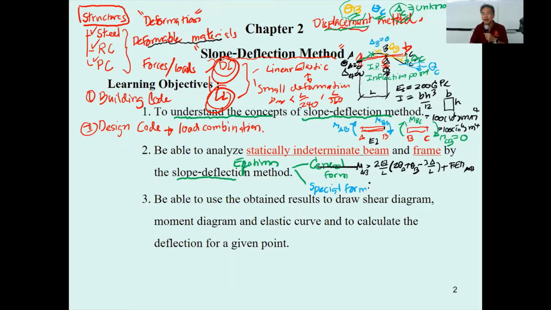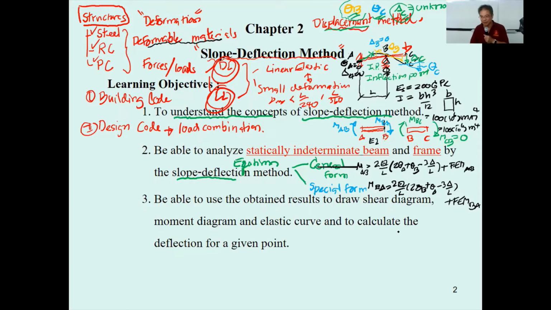Also you have M sub BA. That is going to be 2EI over L times 2 theta B, since B is the leader, plus theta A, and minus 3 again delta over L, and then plus the fixed end moment BA. That is going to be the fixed end moment corresponding to this section.